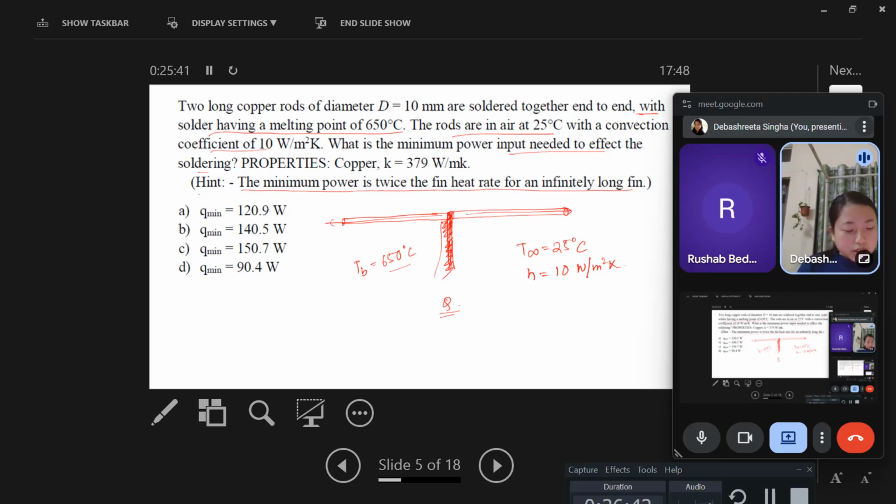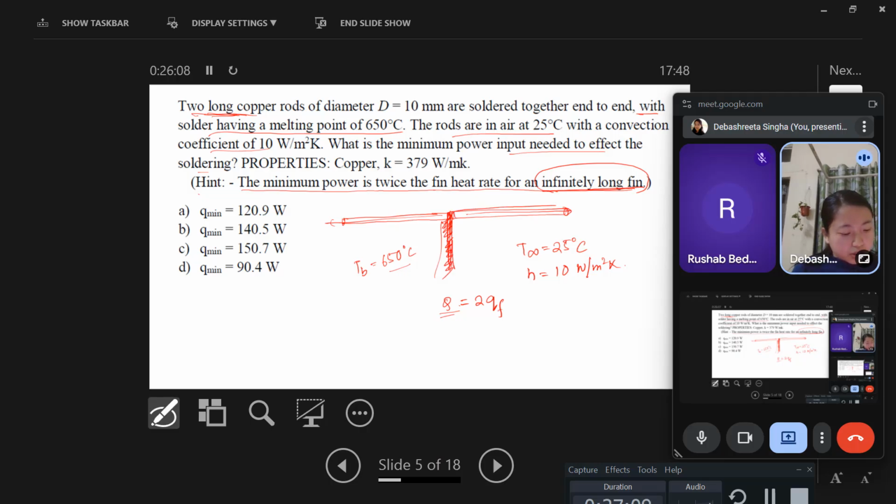To simplify the problem, when it is given as a long rod or long fin, those can be considered as infinitely long fins. So here Q is equal to twice the fin heat rate. Why twice?